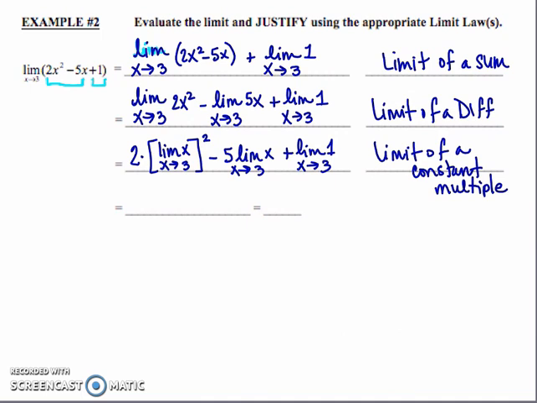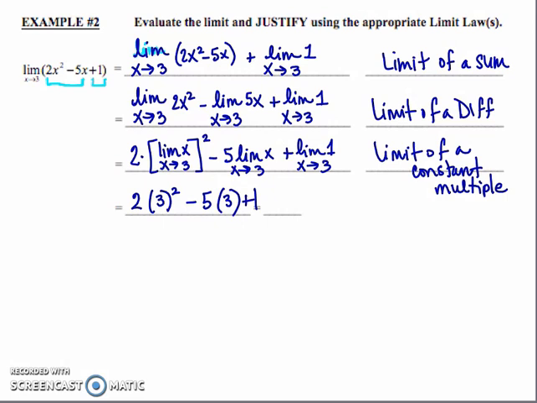Okay. And now that I have simplified this completely using the limit laws, I can go ahead and plug in my value of 3. So this is going to look like 2 times 3 squared minus 5 times 3 plus 1, right?